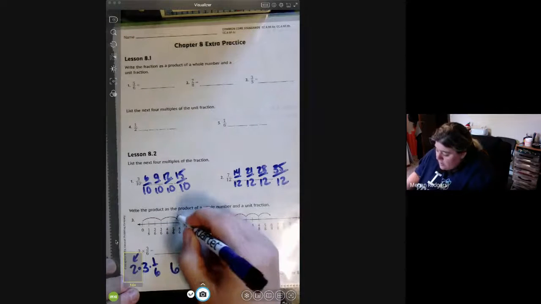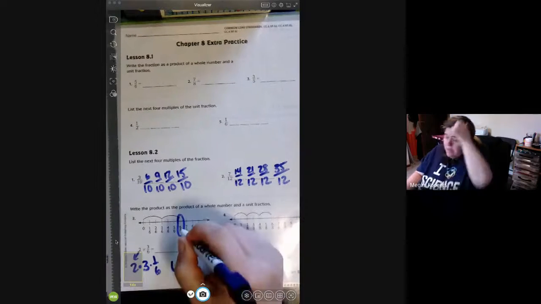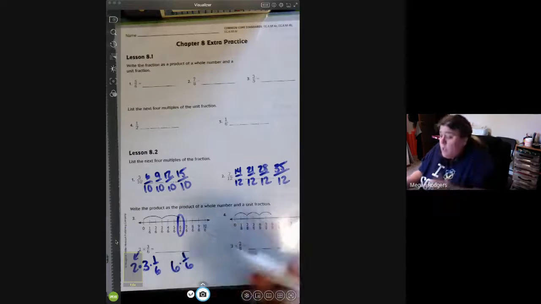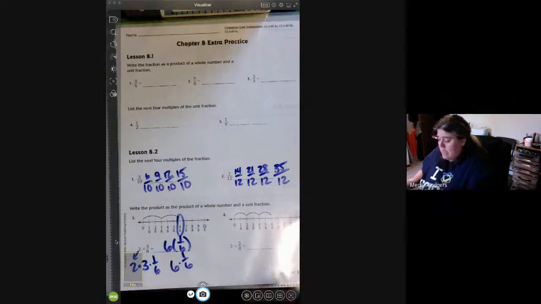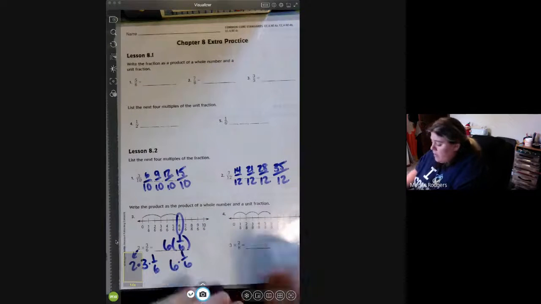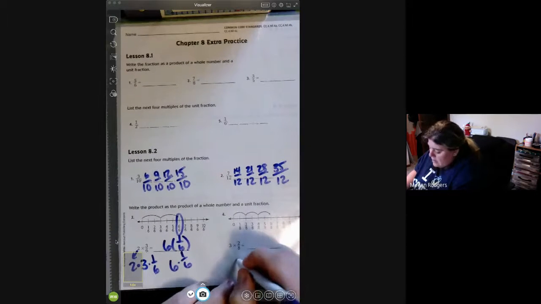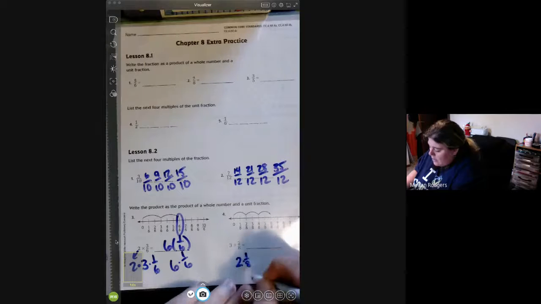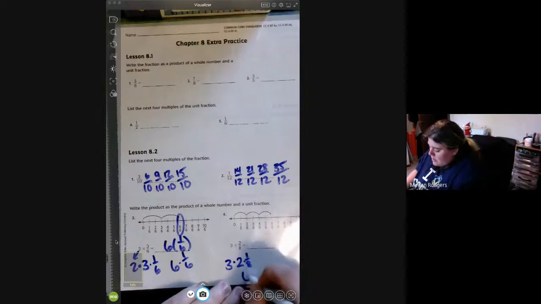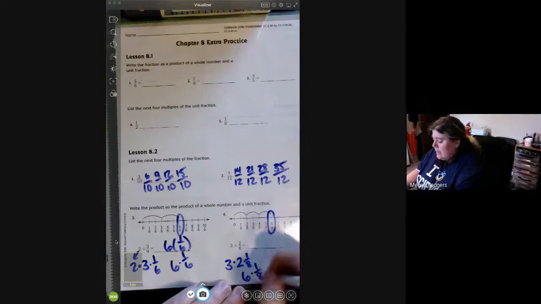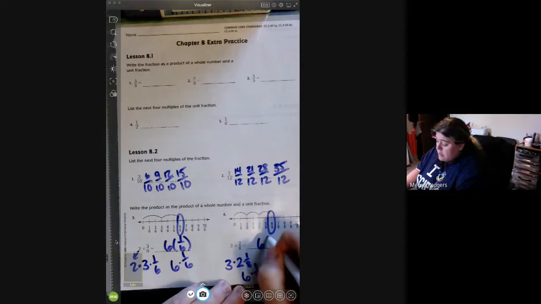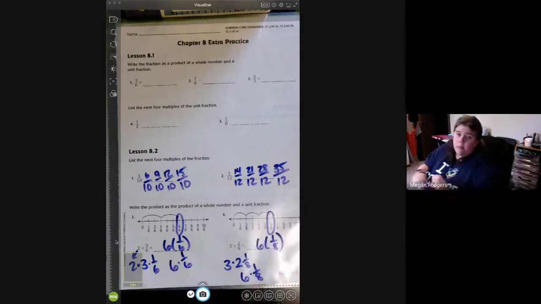And if you look at where their answer landed, they landed at 6/6, which we know from last week is 6 times 1/6. So I can come over here and do the same thing. 2/8 is really 2 times 1/8 times 3. So I have 6 times 1/8. And if I look at where that falls, it landed at 6/8, which is 6 times 1/8.